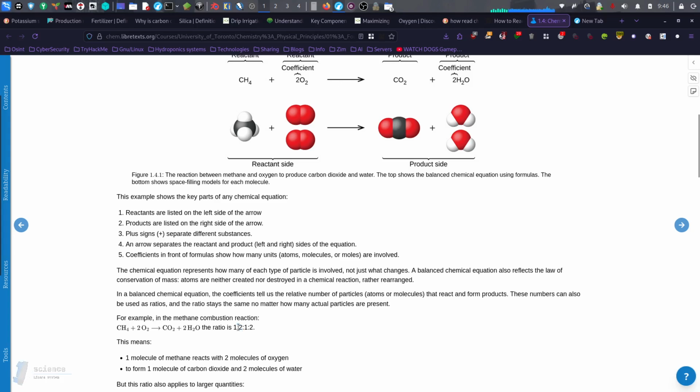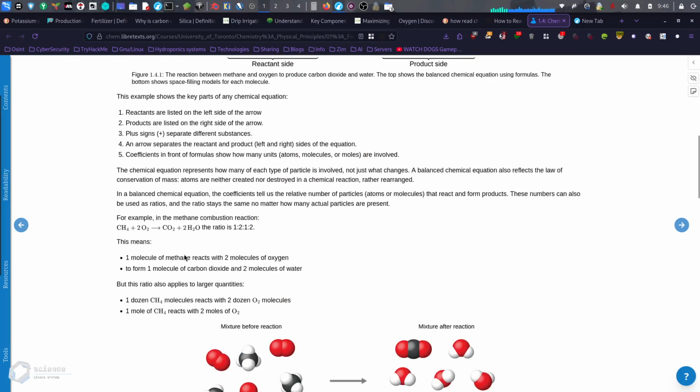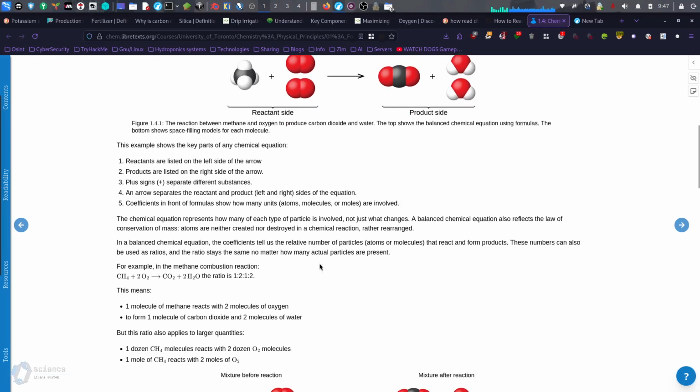The ratio is 1 methane by 2 molecules of oxygen produced 1 molecule of product CO2 and 2 molecules of water. This means 1 molecule of methane reacts with 2 molecules of oxygen to form 1 molecule of carbon dioxide, CO2, and 2 molecules of water.